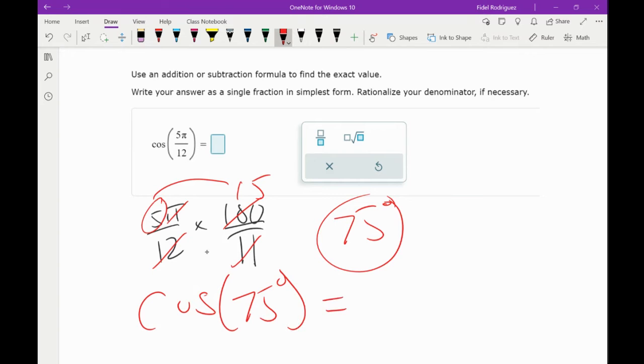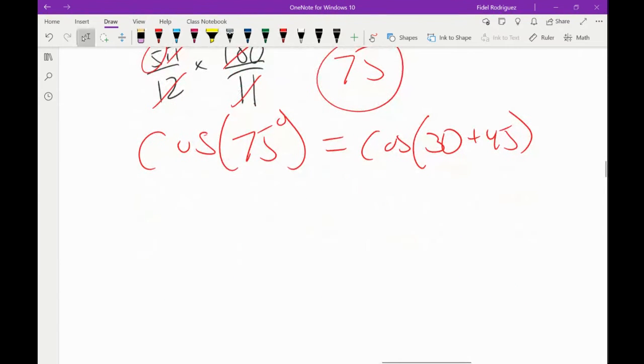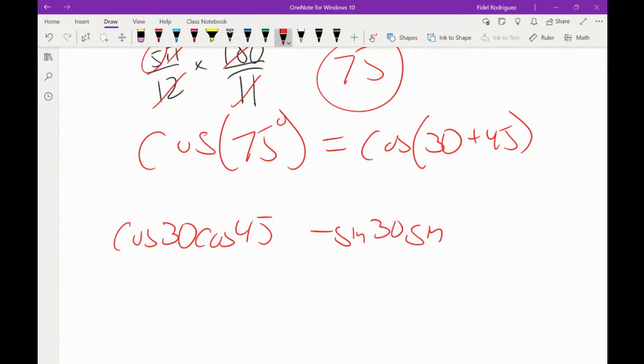Okay, so cosine of 75. Guys, y'all agree that we can come up with 75 by saying cosine of 30 plus 45, right? Okay, so this is going to be cosine 30, cosine 45, minus sine 30, sine 45. I know off the top of my head those are square root of 2 over 2's.